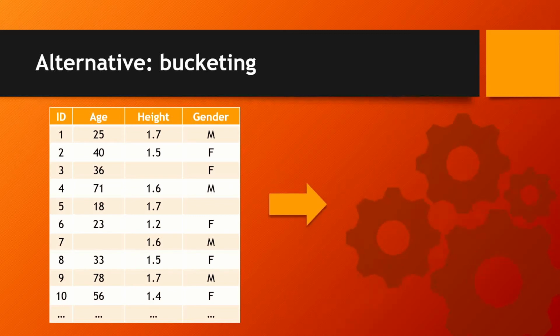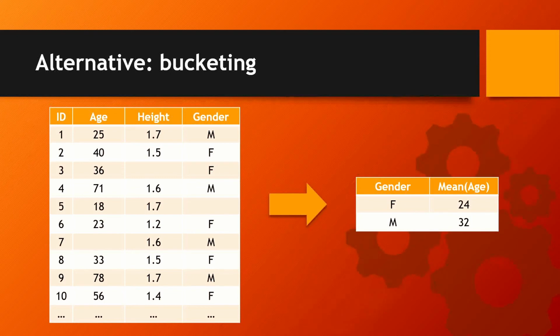Keeping that in mind, if we want to impute the missing values in the age column, we can use the gender column to get an even better estimate. How? Let's try to understand. For all females in the population, I calculate the mean age separately, and for all males in the population, I calculate the mean age separately.